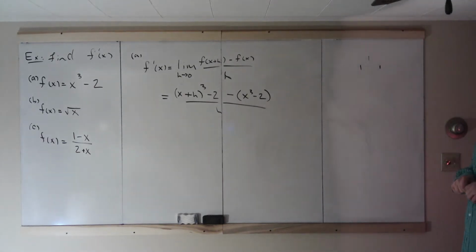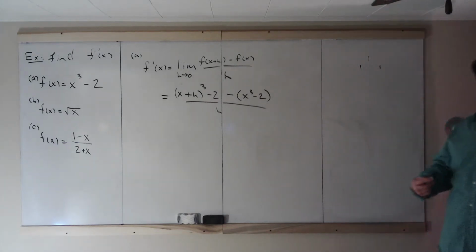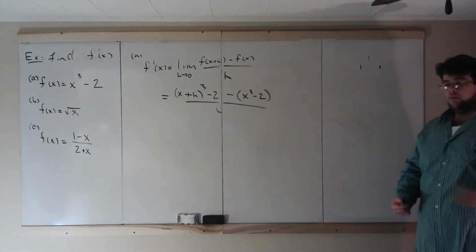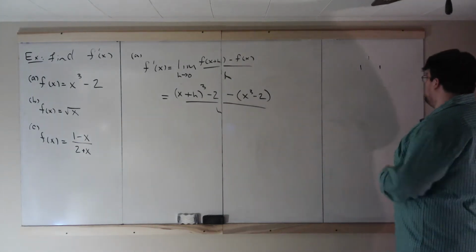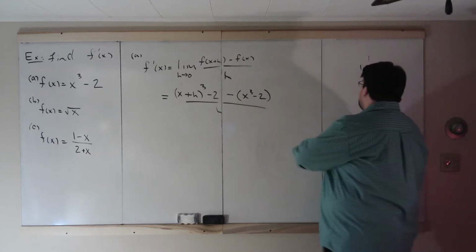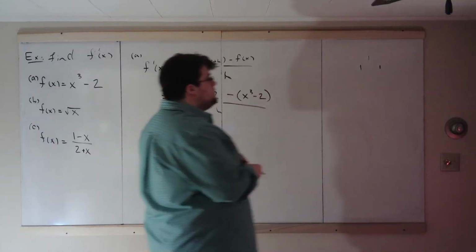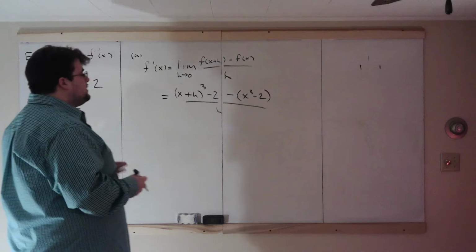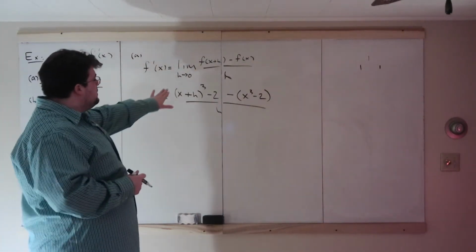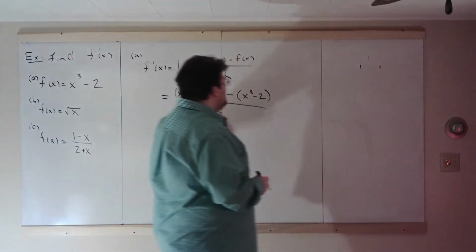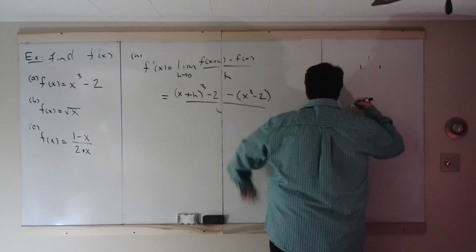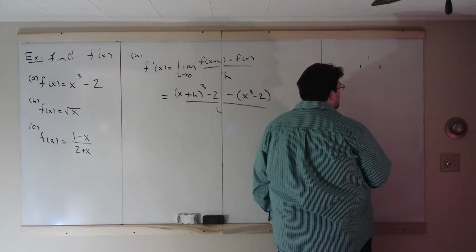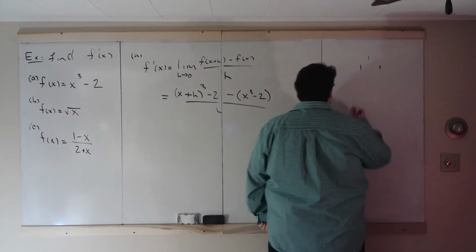Likely a word you've not heard before. There's a branch of math called combinatorics, and in combinatorics, you do a lot of counting and a lot of different ways of counting. It gets very complicated. But one thing you can do is use a combinatorial diagram, which allows us to expand a cube like that, or expand anything where it's something plus something else all raised to a whole number greater than or equal to 1.